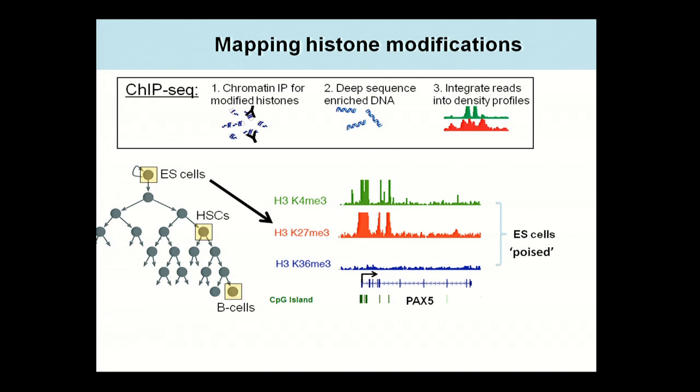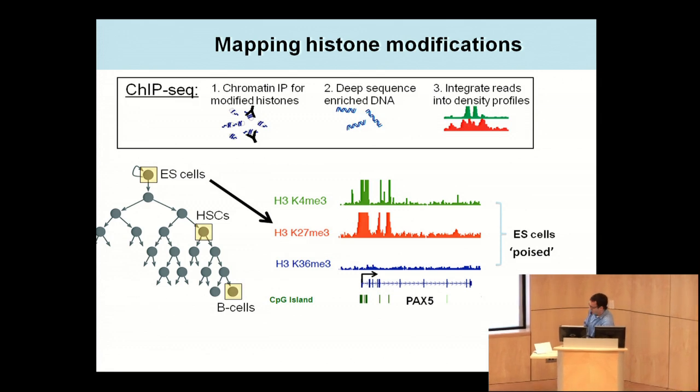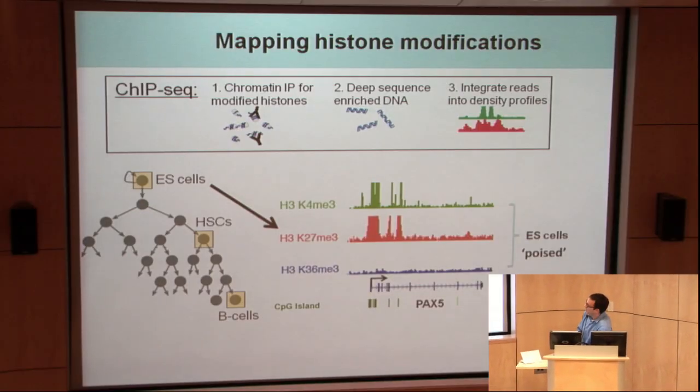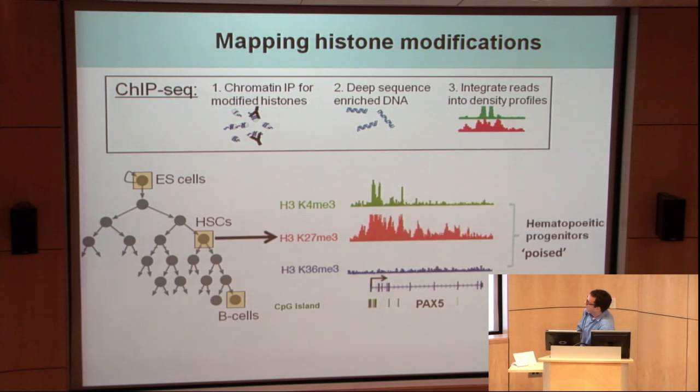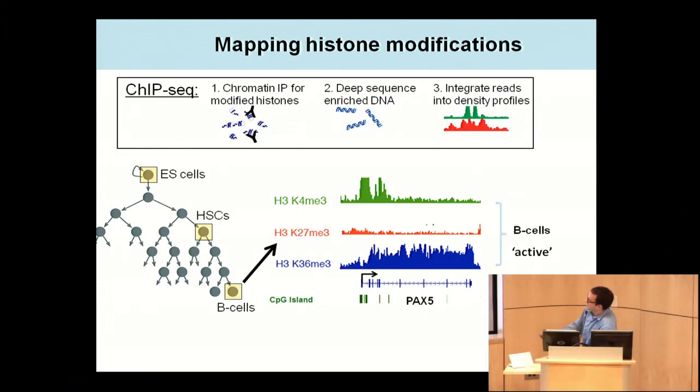So this is enormously useful information for biologists studying stem cell development or regenerative medicine. And we can now watch across different cell types, such as hematopoietic stem or progenitor cells, and you can see you still have a bivalent structure, not so much change. But if you look at B cells, now where PAX5 is expressed, all of a sudden you see this switch.